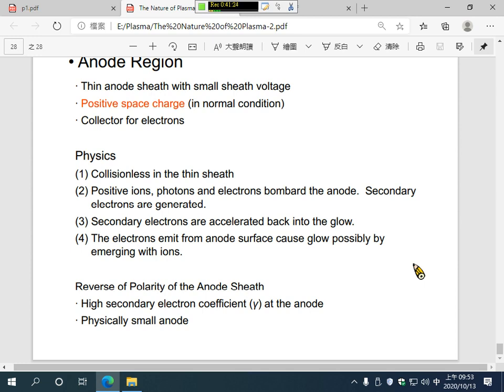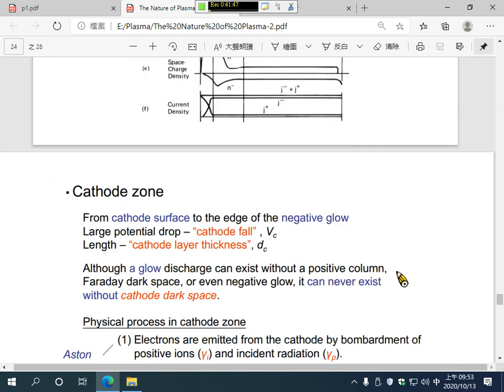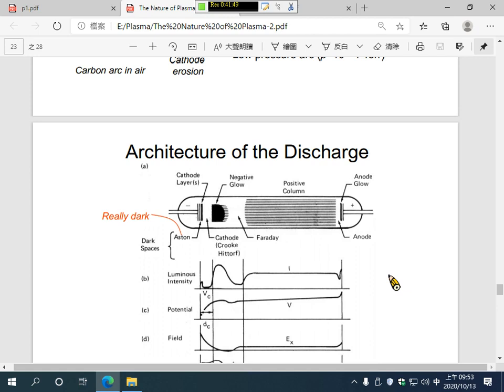And when they meet the incoming cations, they can also recombine and give emission, so that the anode surface also shows a glow region, the anode glow.